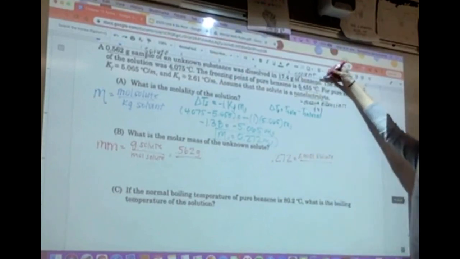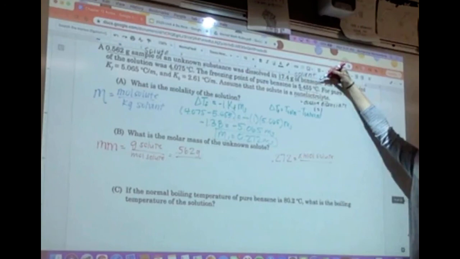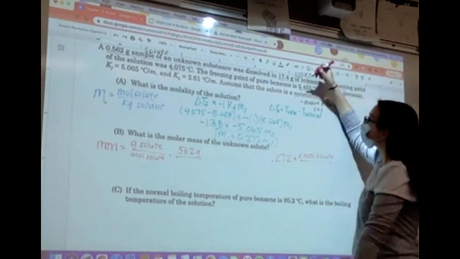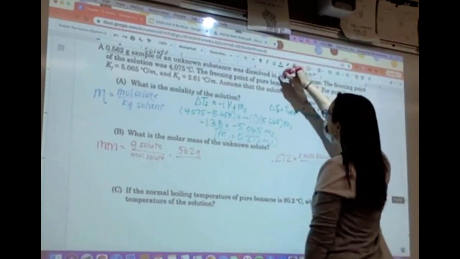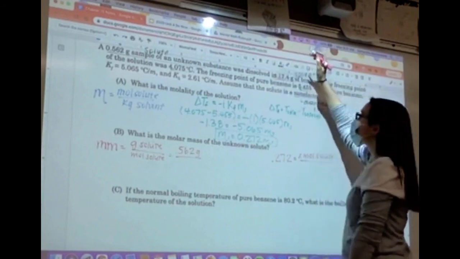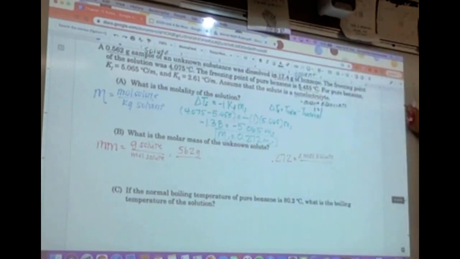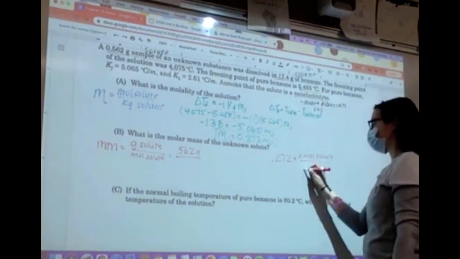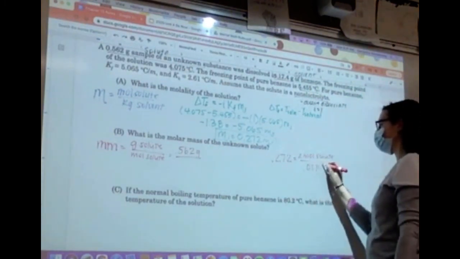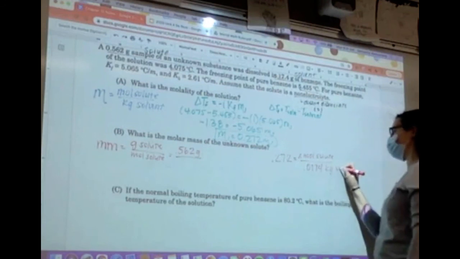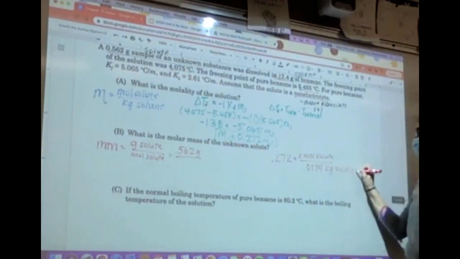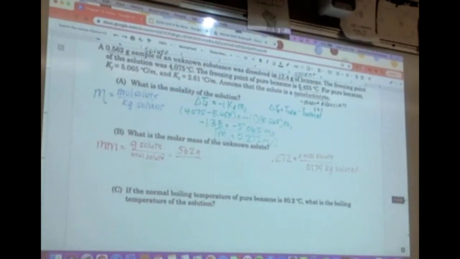It gave me the mass of solvent in grams. Moving the decimal 1, 2, 3, there it is in kilograms. So it's 0.0174 kilograms of solvent. So all we're doing here to find the molar mass is solving for moles.